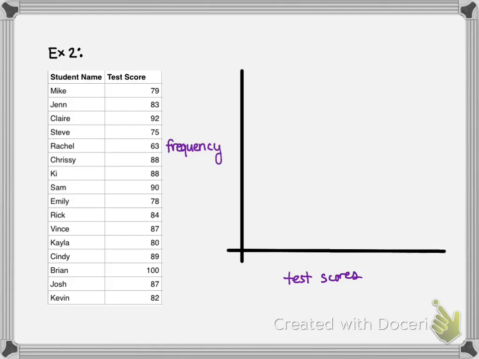And let's say that these are math test scores, so we'll just say students' math scores or students' math tests. Okay, and we're ready to go.